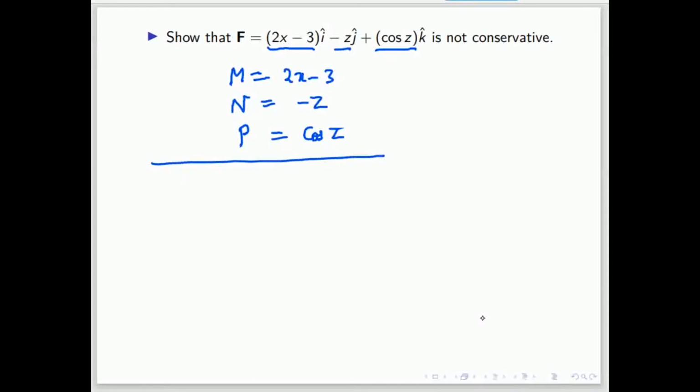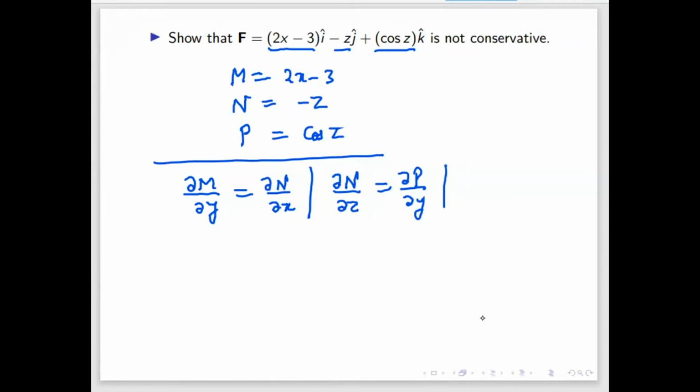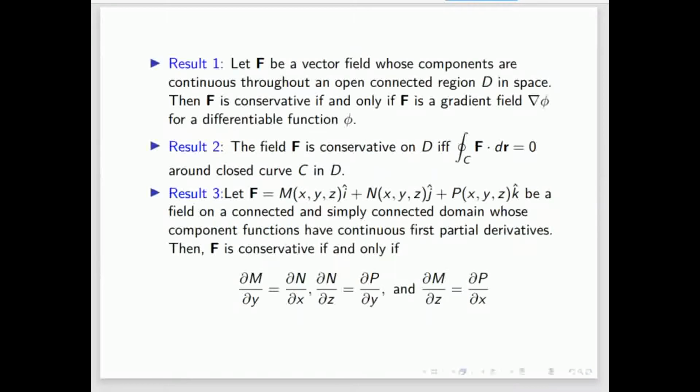To check whether it is conservative, we have to see whether del M by del y equals del N by del x, then del N by del z equals del P by del y, and del P by del x is equal to del M by del z. If all three are satisfied, then we will say it is conservative. Otherwise, we will say it is not conservative.